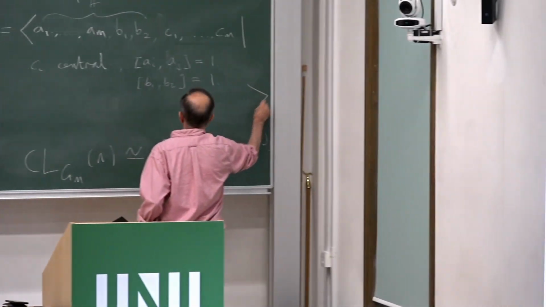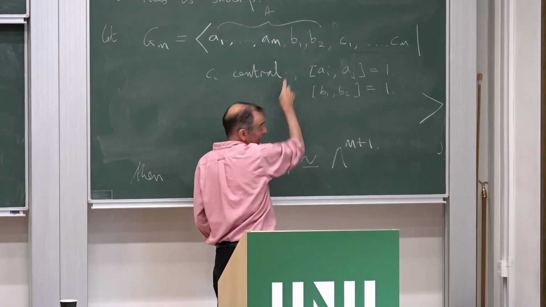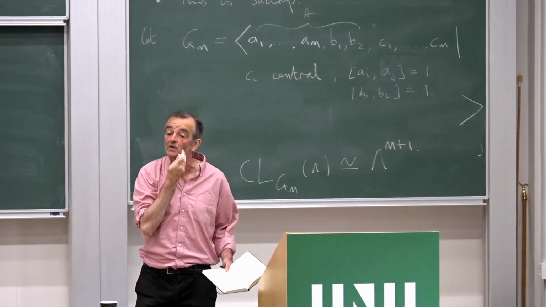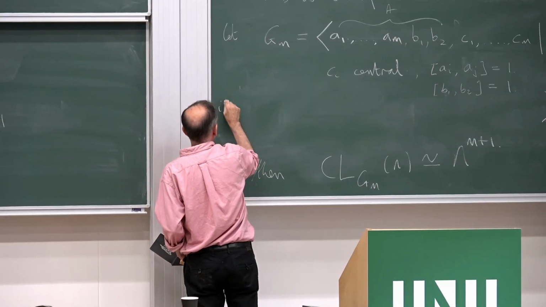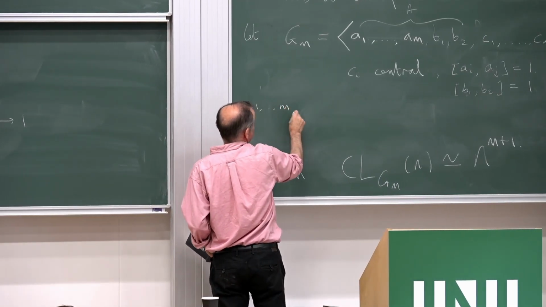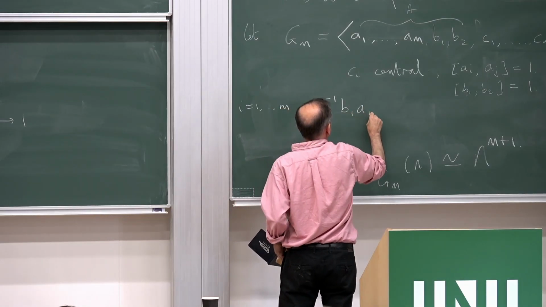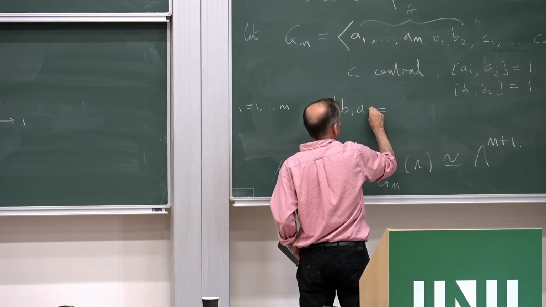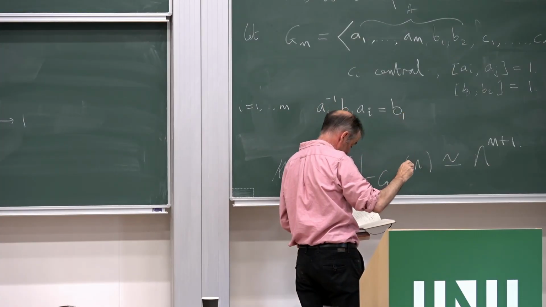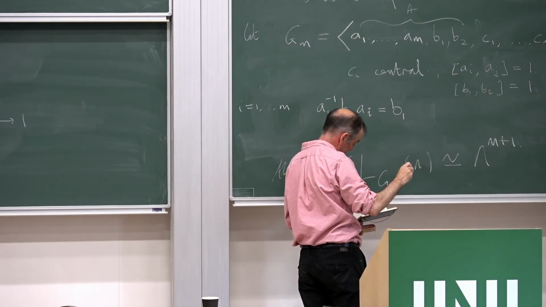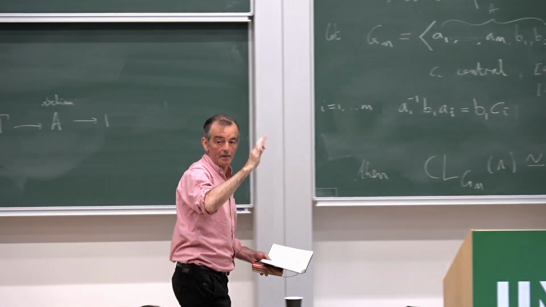What is this group? So what relations have I not told you? I've not told you how the A's interact with the B's. There's only two B's, B1 and B2. So for i equal 1 up to m, Ai will conjugate B1 to, I have to remember about my minus signs. That's why I'm holding my notes. No minus sign, Ci. Okay, so it just pops out as Ci.